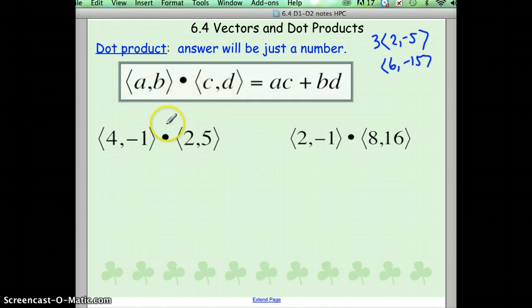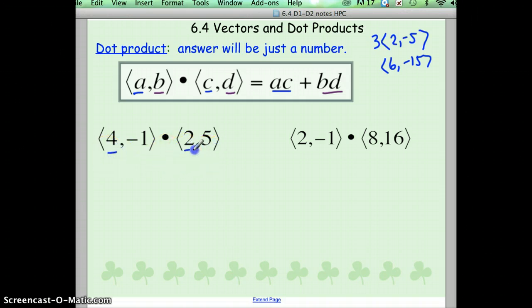And this dot is on purpose really big. That's what dot products look like. So here's what you do. You take the first two components, the A and the C, and you multiply them. Then you take the second two components, the B and the D, and you multiply them, and then you add it all up. In our first example, I'm taking the dot product of 4, -1, and 2, 5.